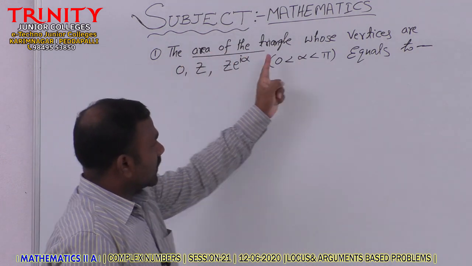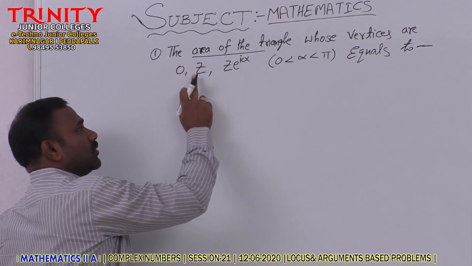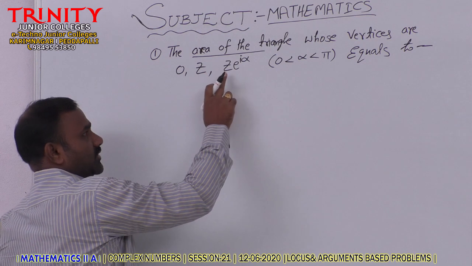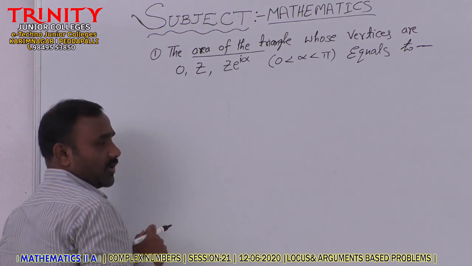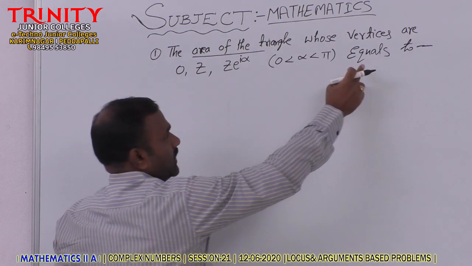The area of the triangle whose vertices are 0 origin, z, z into e to the power of i alpha, where alpha lies in between 0 to pi, is equal to.